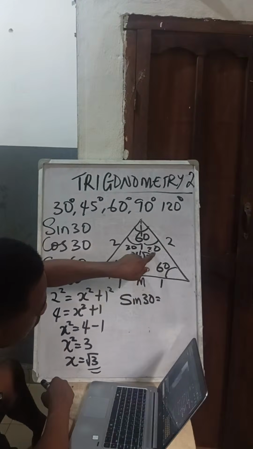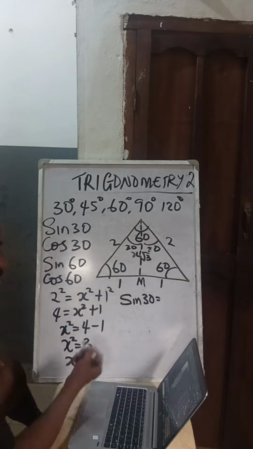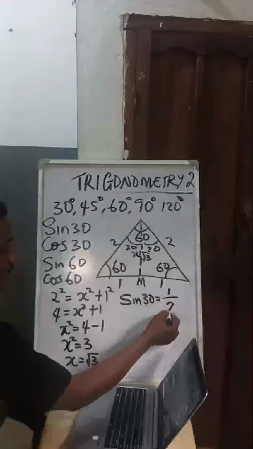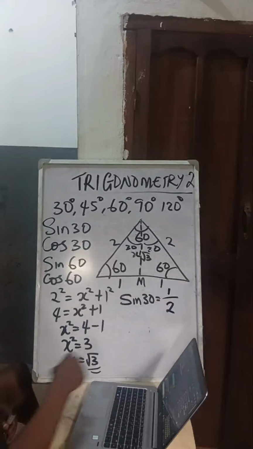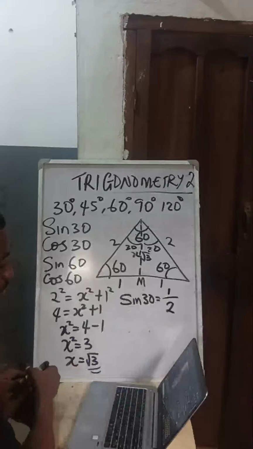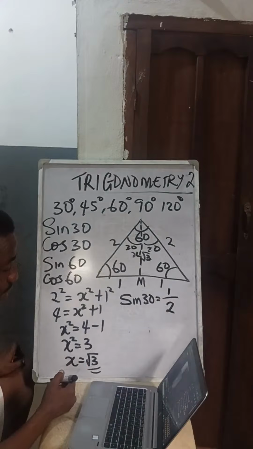So opposite to 30 is 1. Hypotenuse is 2. So we write opposite over hypotenuse. Have you seen that sine 30 is 1 over 2?